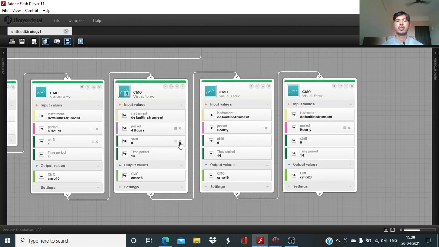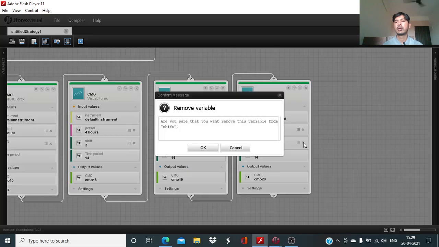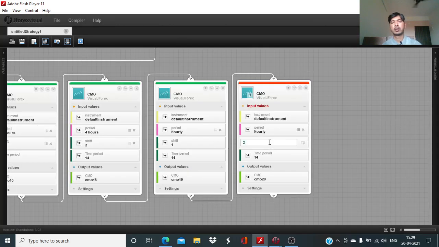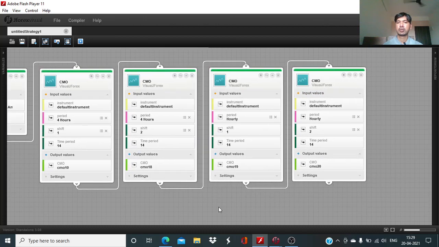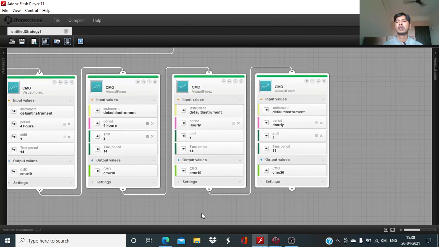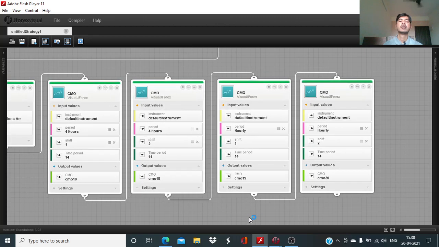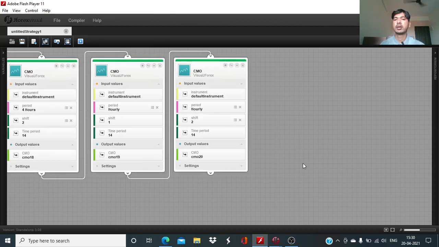And the loopback period will be changed to here, in this case 1, and 2 again. Okay. So these are CMO blocks.